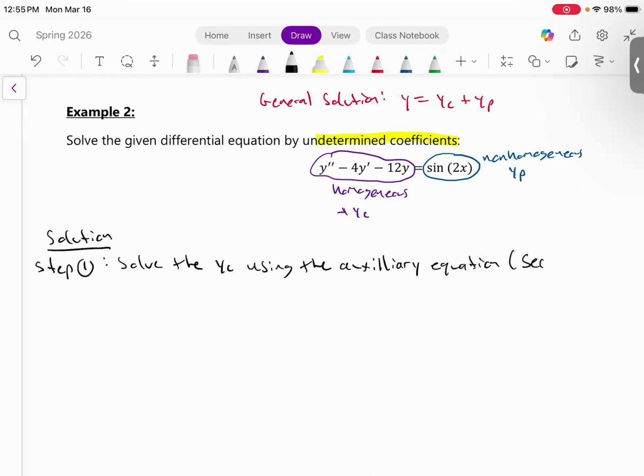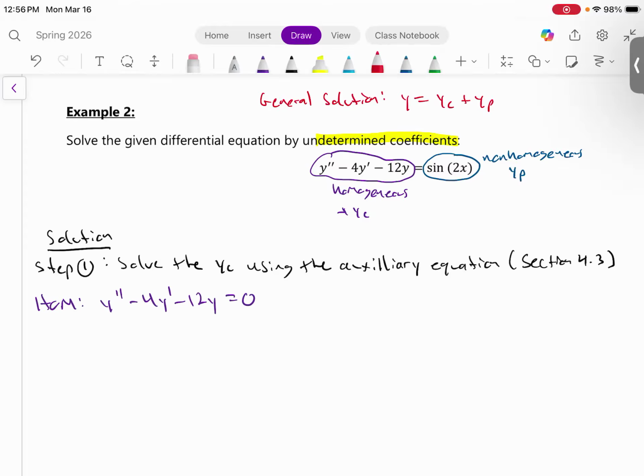And that's from section 4.3. Okay, so let's look at the homogeneous portion of this differential equation. The homogeneous portion is y double prime minus 4y prime minus 12y equals 0.